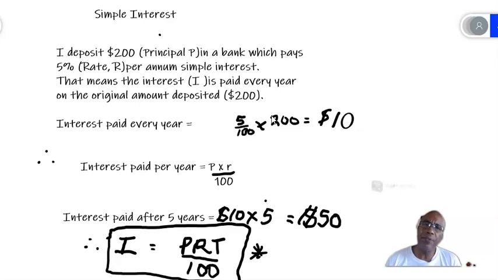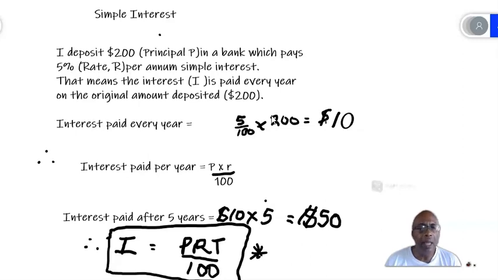What if I left my $200 there for 5 years? It means the total interest paid after 5 years would be the interest per year, $10, times the 5 years, which is $50. So you multiply the interest per year times the time, capital T, in years.